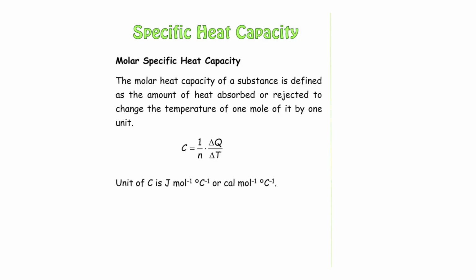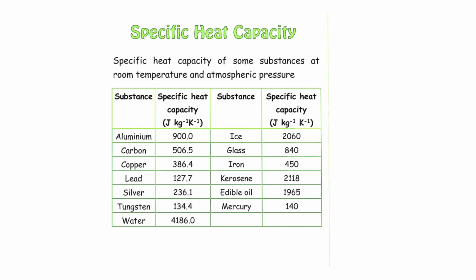The formula is C equals 1 by n times delta Q divided by delta T. The unit for the molar specific heat capacity is joule per mole degree Celsius or calorie per mole degree Celsius. This is the formula for molar specific heat capacity.